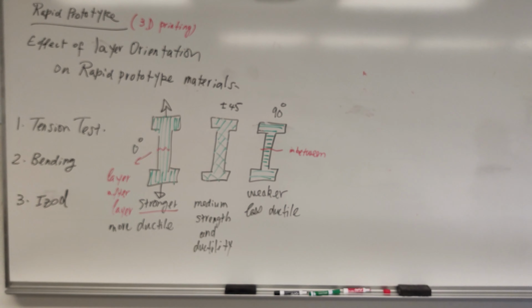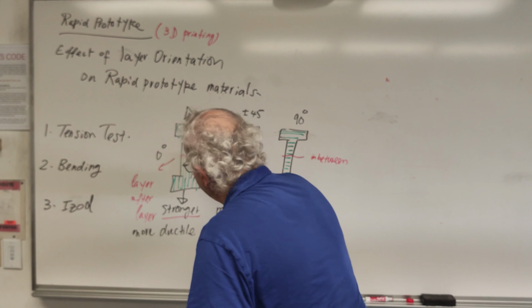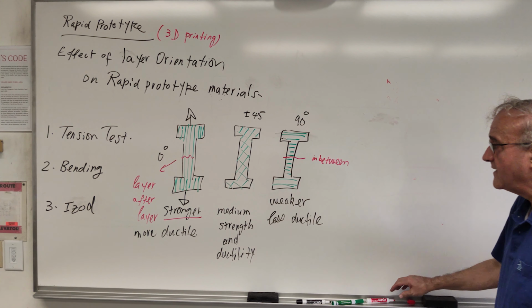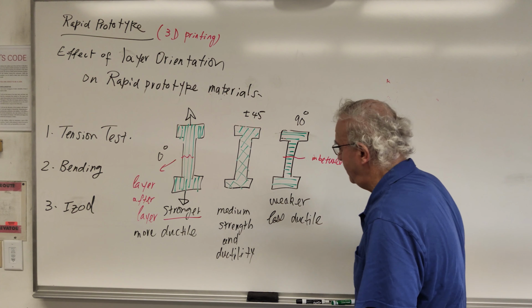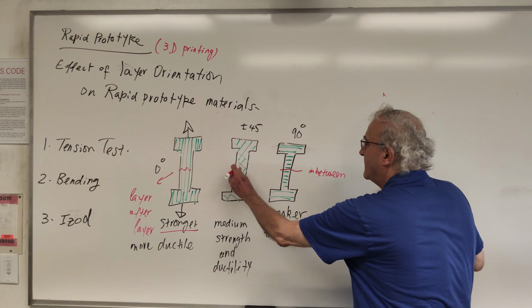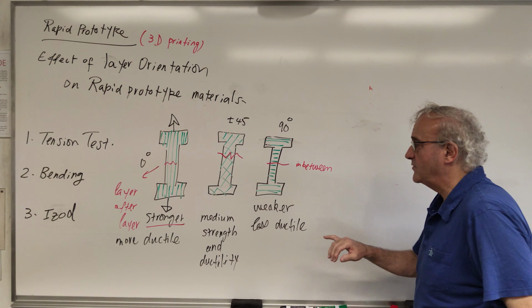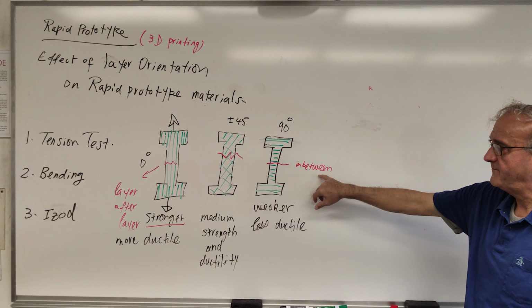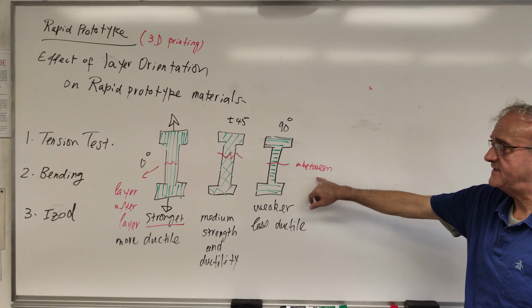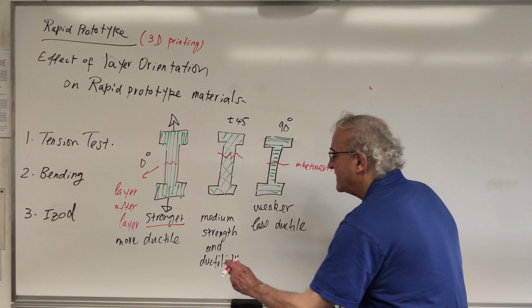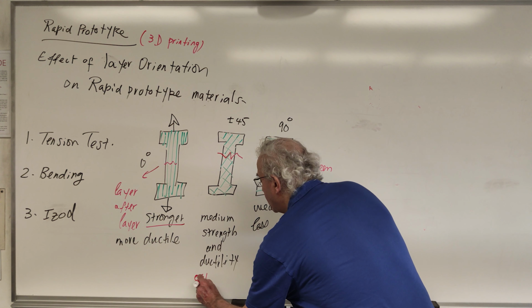Accordingly, it is much better to produce your samples this way than this way. Now, when you do a 45-degree, you're going to find that the breakage is much slower than the 90, but not as good as the 0. But this one is optimization.